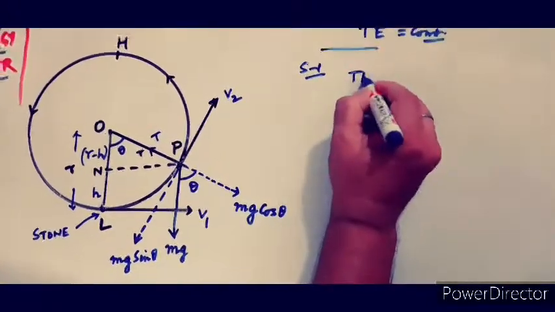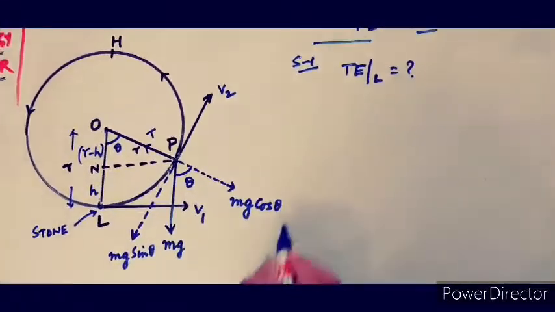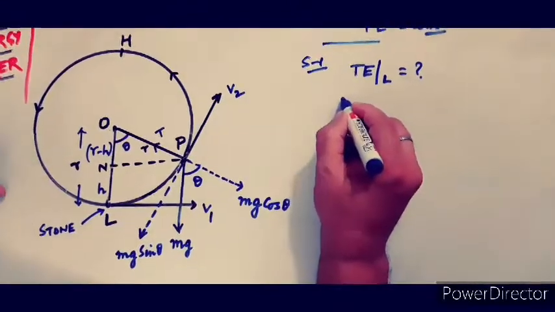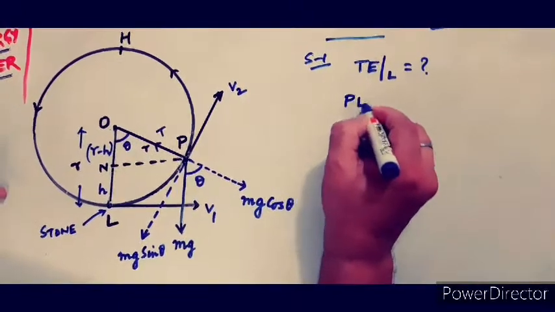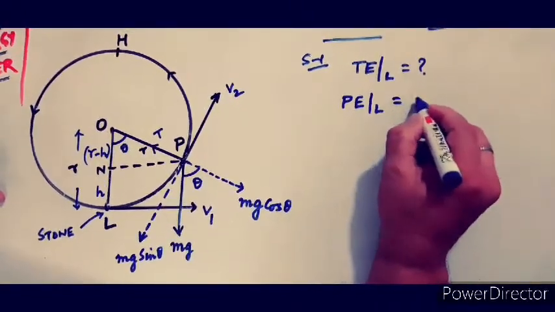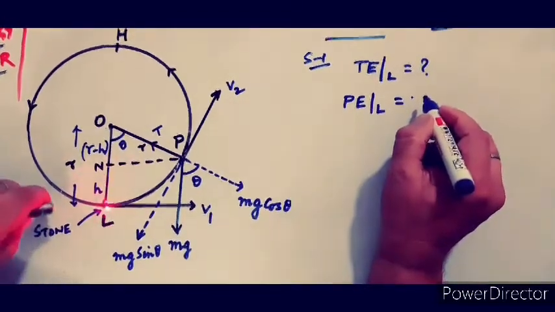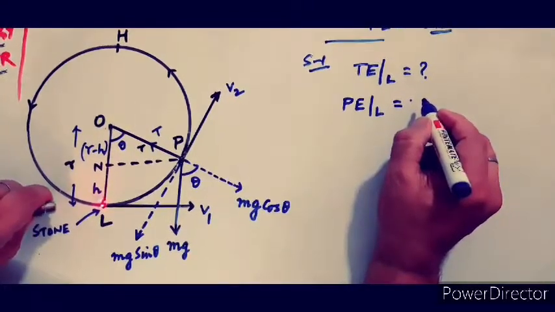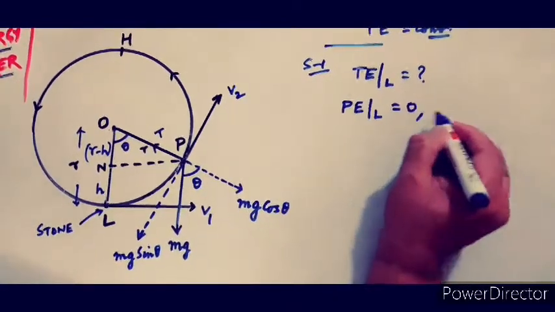We have to find the total energy at point L. The potential energy at point L: the height is 0 at point L, which is the reference point, so the potential energy is 0.